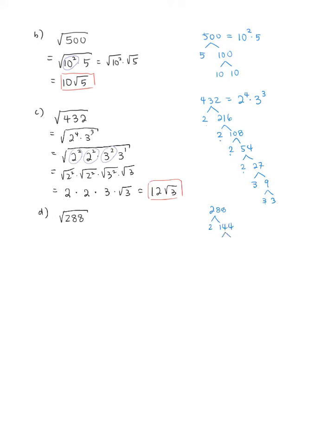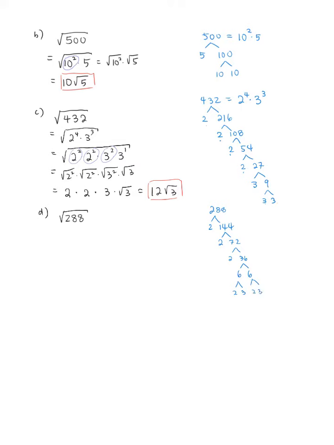That's still even, so 2 is going to go in. 2 times 72. It's still even. So here you're going to have 2 times 36. And then it looks like we're going to have 6 and a 6. And you could stop here if you want to, but suppose you didn't see it and you just want to break it up: 2 times 3 and then 2 times 3.